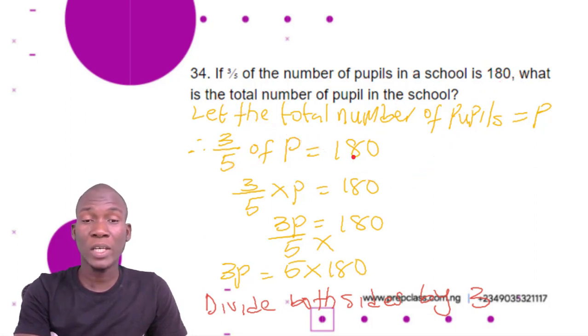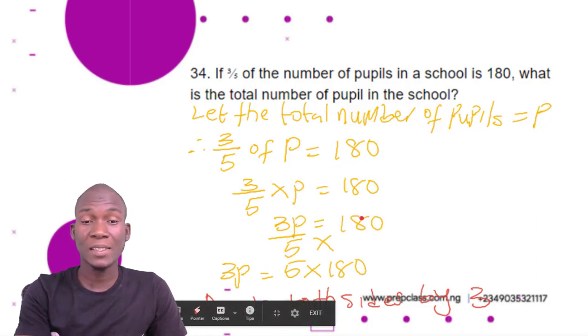Now, of means times, so 3/5 of P changes to 3/5 times P equals 180. Now 3 times P is 3P over 5 equals 180.